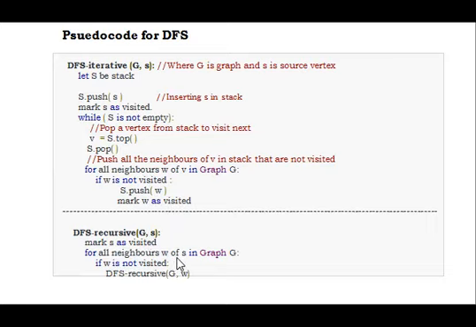If it is visited, it is just kept in memory. Otherwise, if not visited, it pops up and the operation happens recursively until the stack is empty. This is one of the procedures for depth first search.